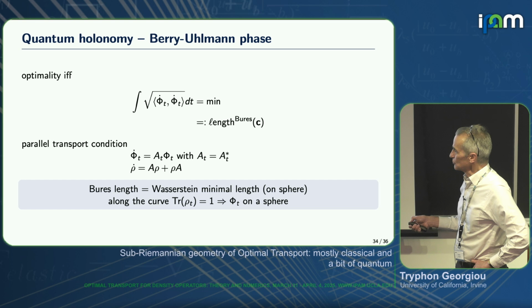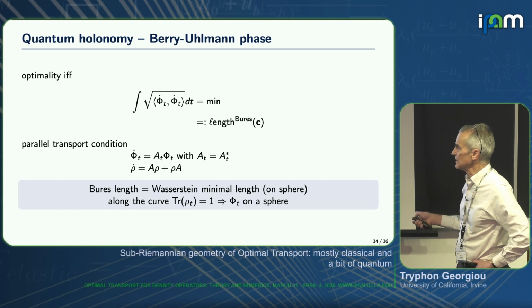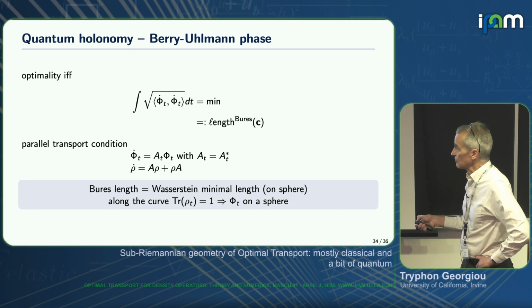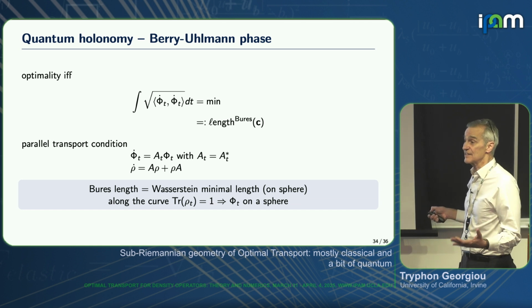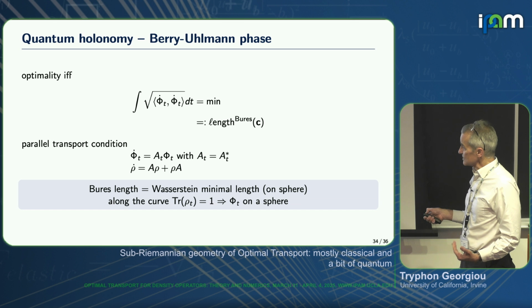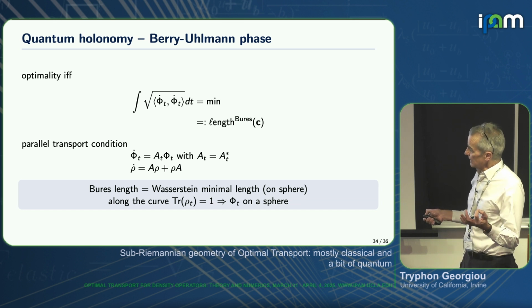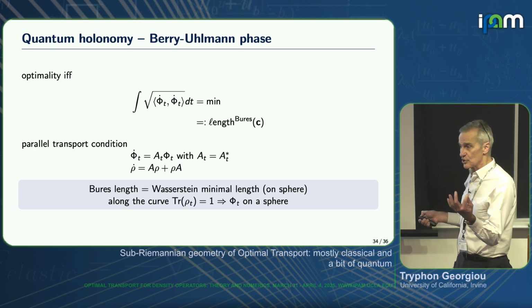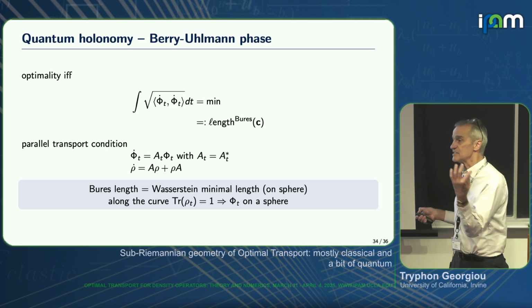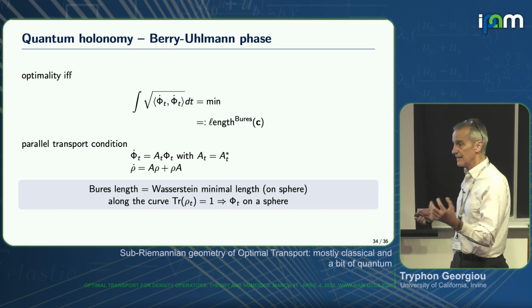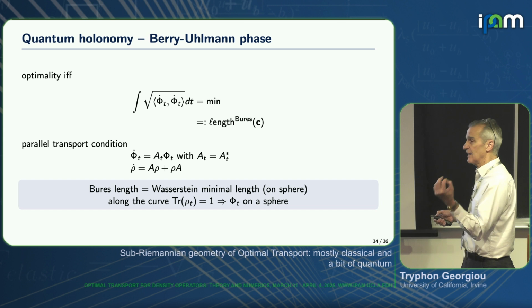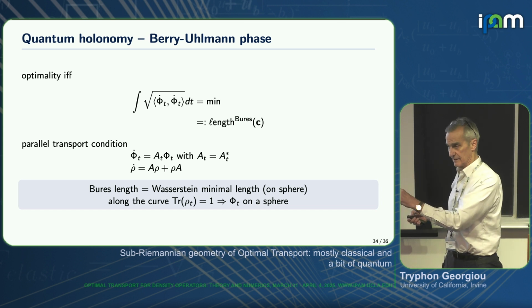And it turns out that optimality is the same as minimizing this quantity, which of course we recognize is nothing more than the Wasserstein length. And this Wasserstein length now runs across a curve that lives on a sphere, because the phi's satisfy phi dagger phi trace equal to 1.